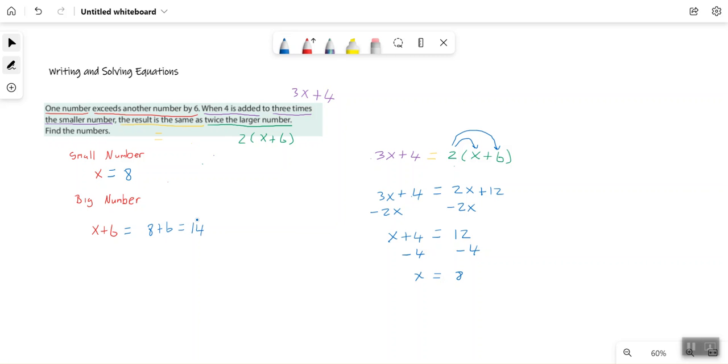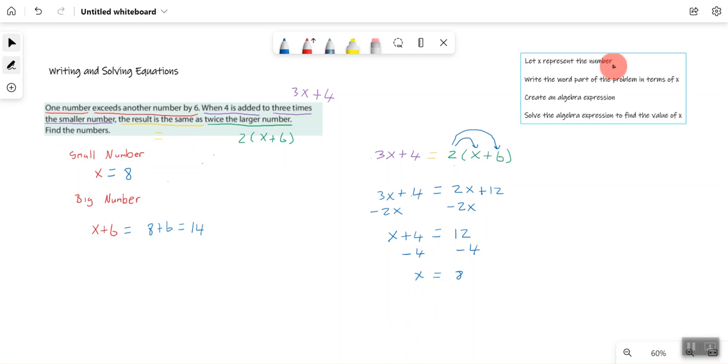Okay, so that's how we take this word problem and convert it into an algebra expression, and then how we take this algebra expression and solve it. So these are the general steps that you follow when you're doing these kind of problems. The first one is let x represent the number. So that's what we've done here.